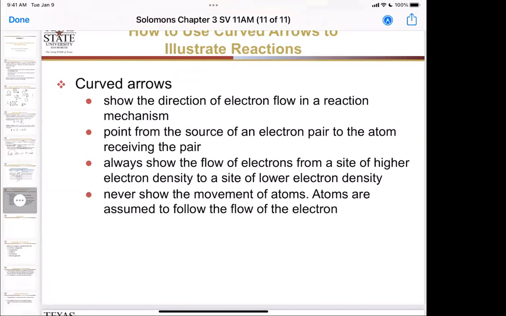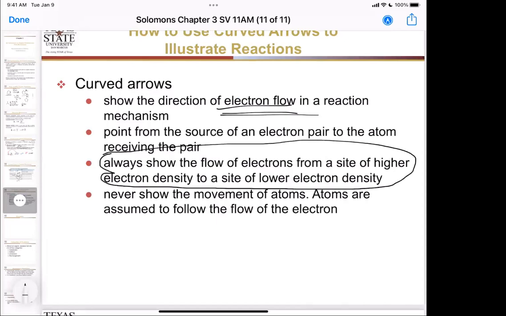So we want to show that flow of electrons, okay? So we want to start from where the electrons are to where they are being attracted to, okay? And always show your electrons flowing from the higher electron density side. So think lone pairs, double bonds, more electronegative atom, and never show movements of atoms, because again, all we want to do is see where the electrons are moving. Our curved arrow is only about electrons.